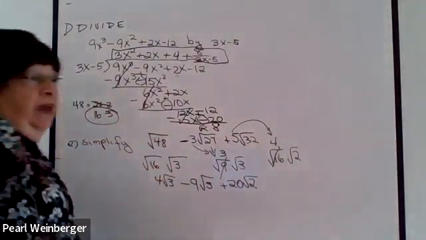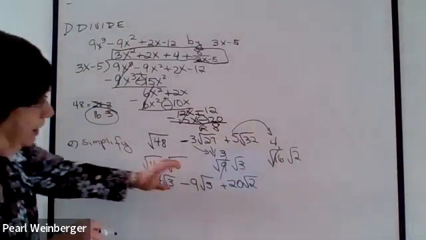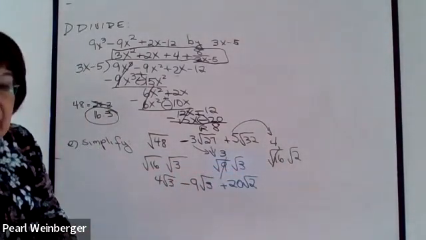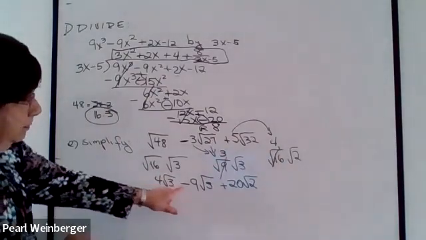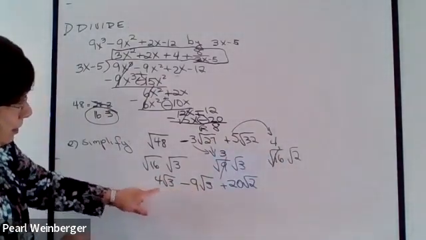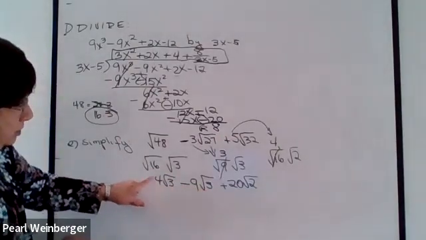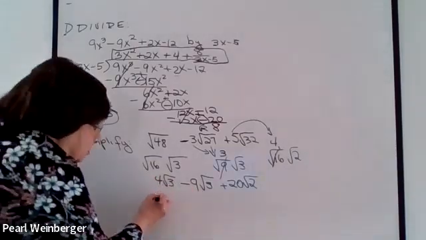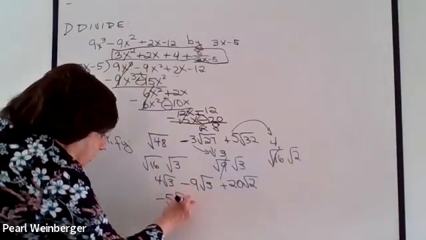Okay, we've actually done all the hard work now. Now we go back, everything is simplified. Now let's check if we have any like radicals. I see 4 radical 3 minus 9 radical 3. The numbers inside the radicals are identical, so I just combine the 4 and the negative 9, which gives me negative 5 radical 3.